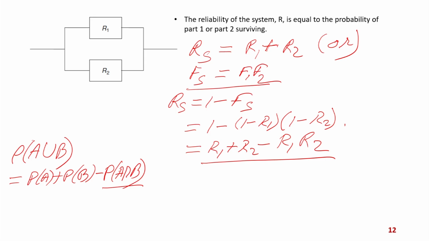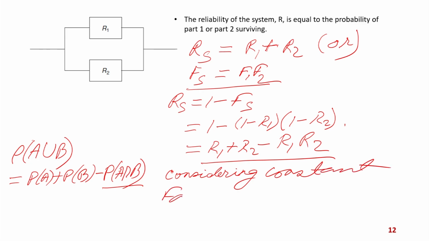Okay. So, now if I consider a constant failure rate, I can write R s is equal to R 1 plus R 2 minus R 1 R 2.